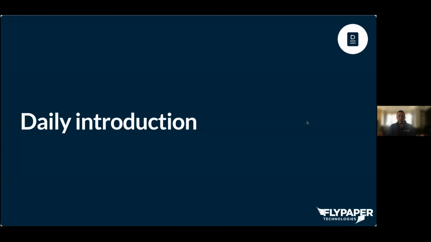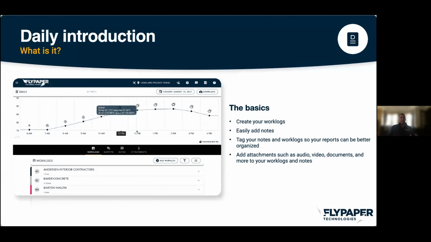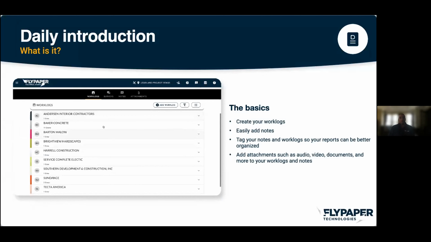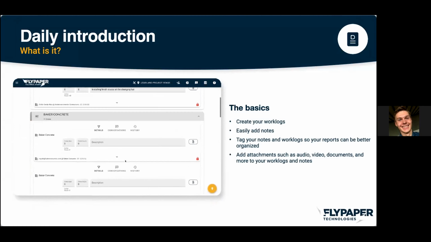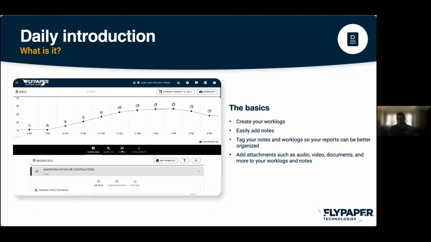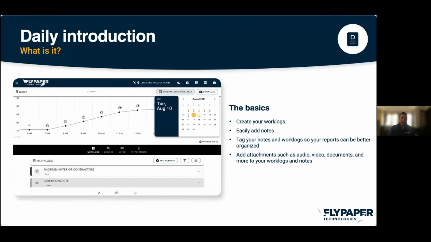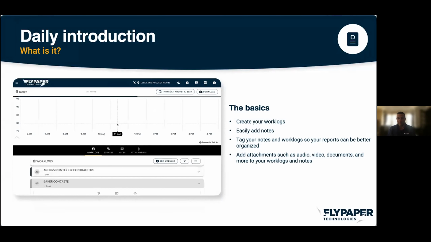Cool. So a daily introduction. What is Flypaper Daily? Flypaper Daily is our superintendent daily reporting tool. Historically, superintendent dailies have been handwritten, and over the last couple of decades, there have been software tools that have come into play that also have made that easier.